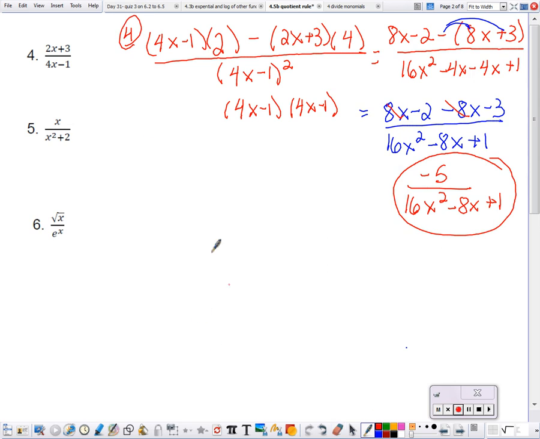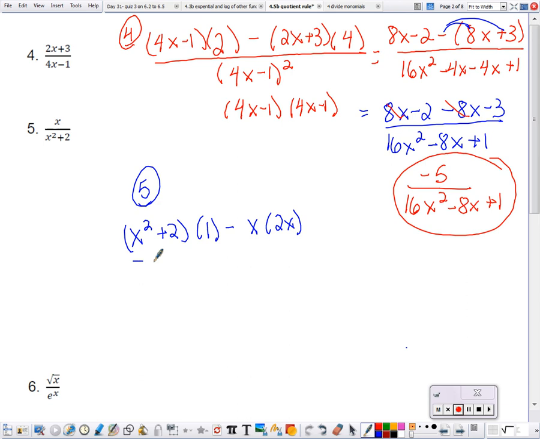Okay, I want you to try number 5. We'll pause the video so you can do 5 and then come back and check your answers. I've got low d high minus high d low all over low low. This is 2x squared.